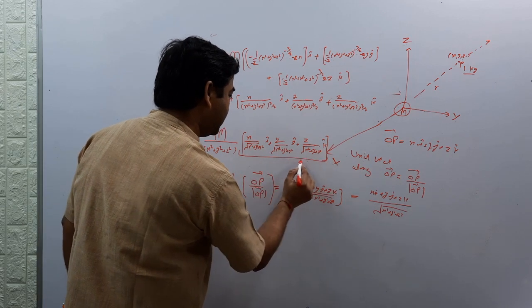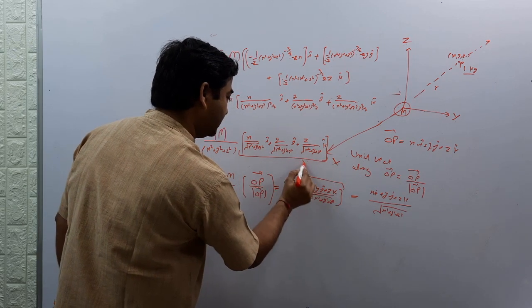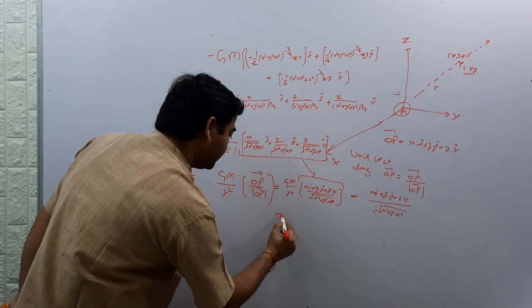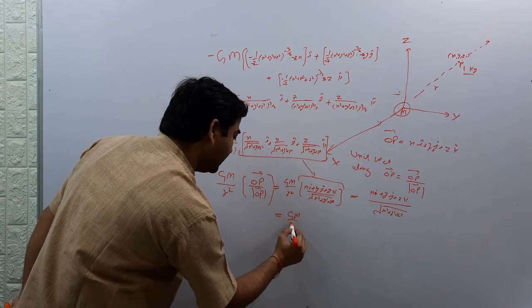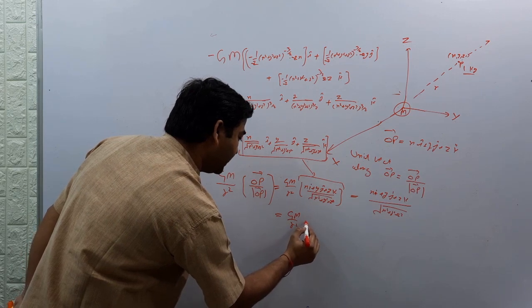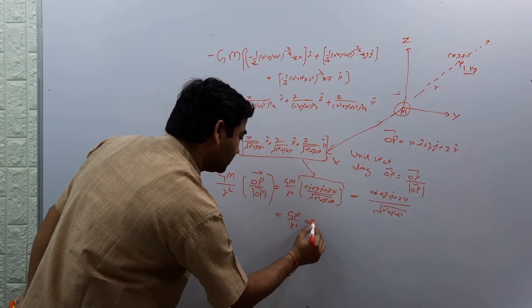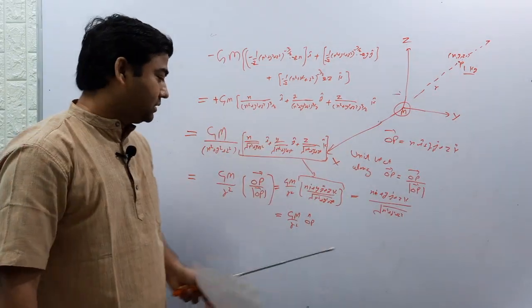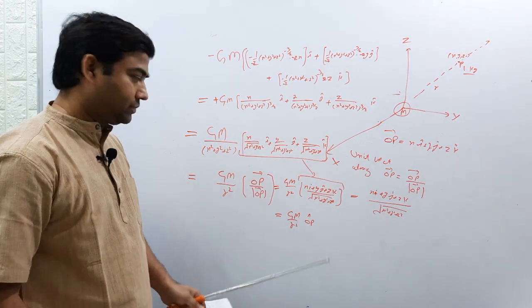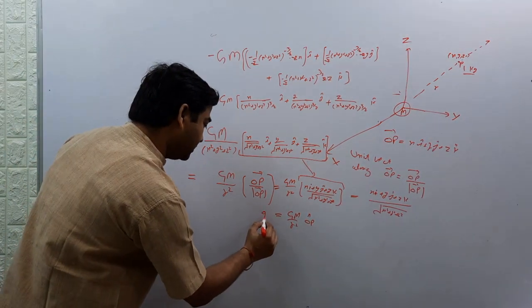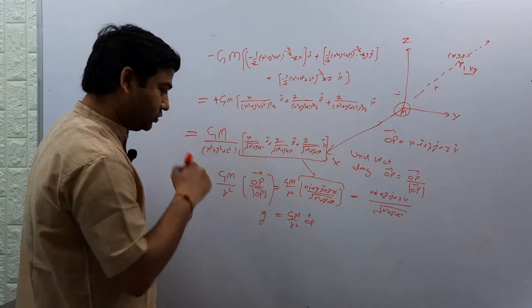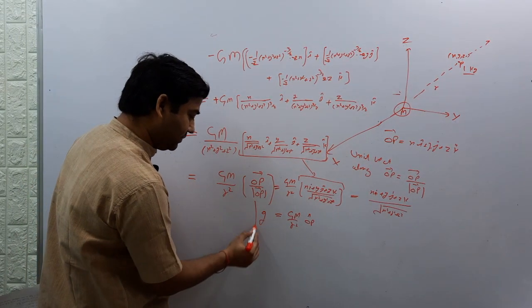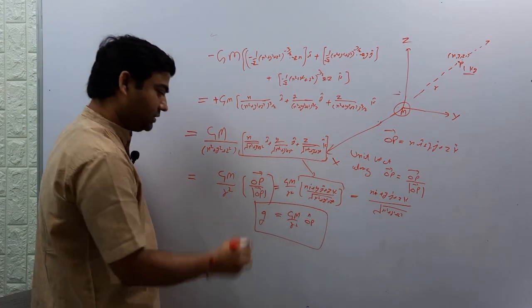So this is the unit vector. This can be written as Gm by r square and the unit vector along OP, which I will write using a cap. You know, by Newton's gravitational law, gravitational acceleration is given by this expression.